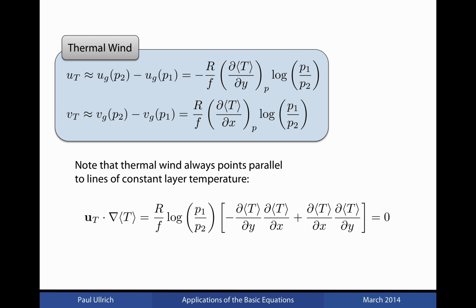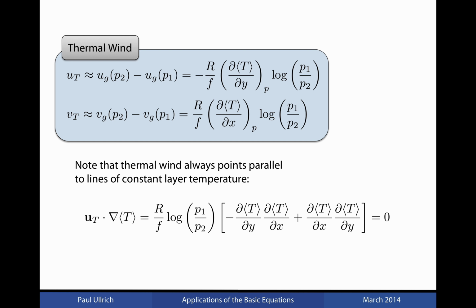First of all, note that the thermal wind always points parallel to lines of constant layer temperature. This can be proven by dotting the thermal wind with the gradient of the layer mean temperature. Recall that the gradient always points in the direction of steepest increase of the layer mean temperature, and hence it is perpendicular to lines of constant layer mean temperature.